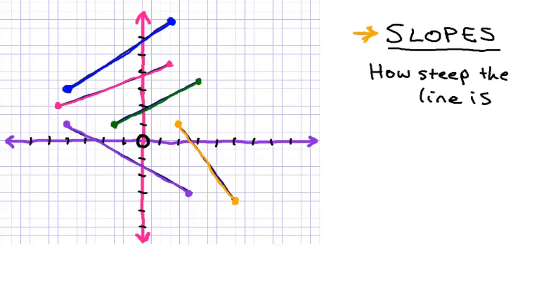And we do that by figuring out where the beginning and ending points are. Or if there's points along the graph, you can use those too. If it's a straight line, you can use any of the points in the line. It doesn't matter. So let's start with this top blue one that goes up pretty steep.